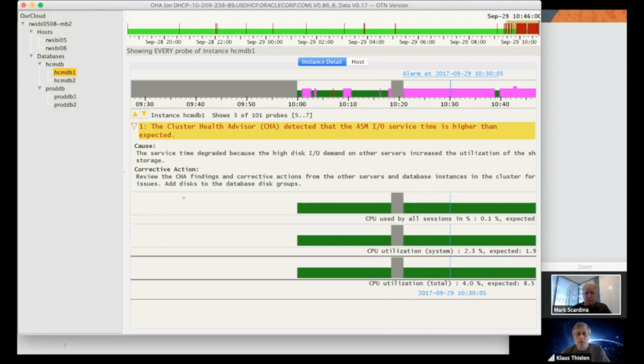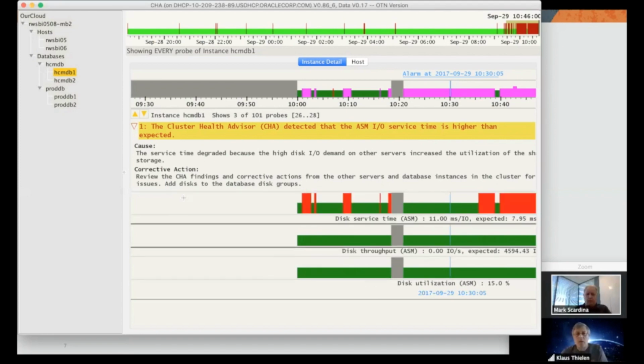In that case, we have a lot of different signals, and the difference to all other tools is that we see here immediately, in real-time mode, live, how the different signals, wait events, and probes behave.